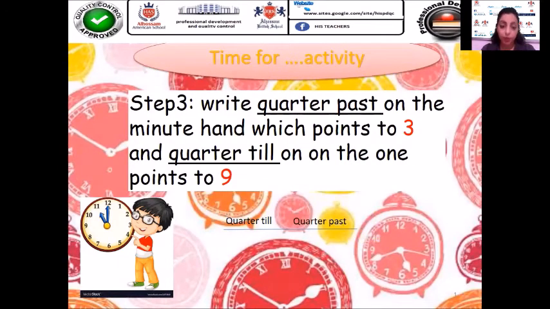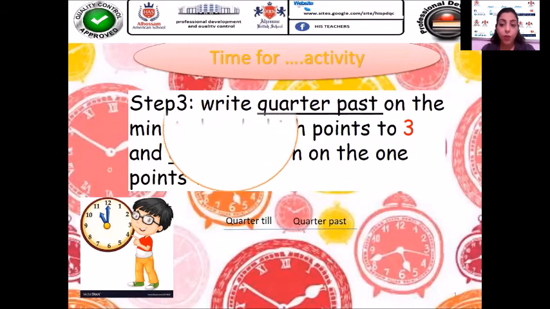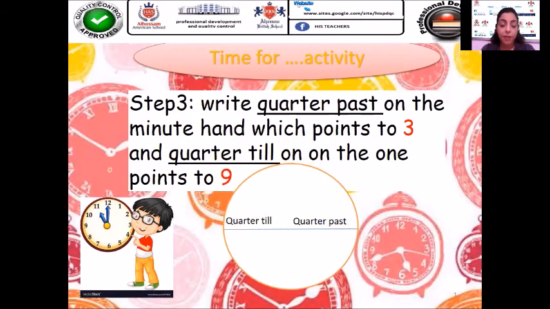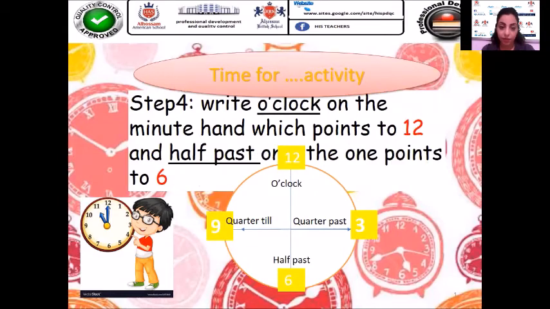Step number 3, write quarter past on the minute hand which points to 3, and quarter till on the one which points to 9. Like that. Step number 4, write o'clock on the minute hand which points to 12, and half past on the one that points to 6.